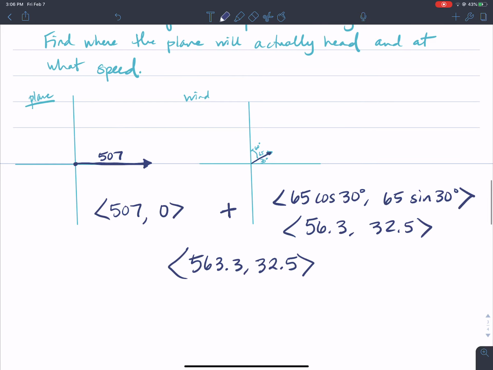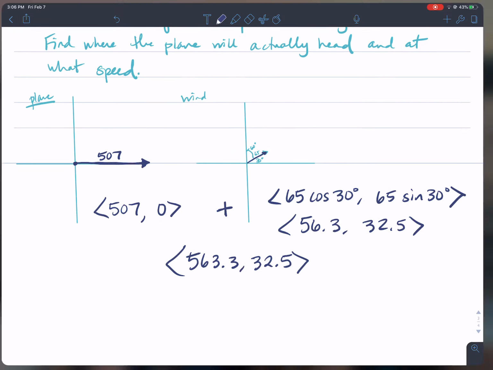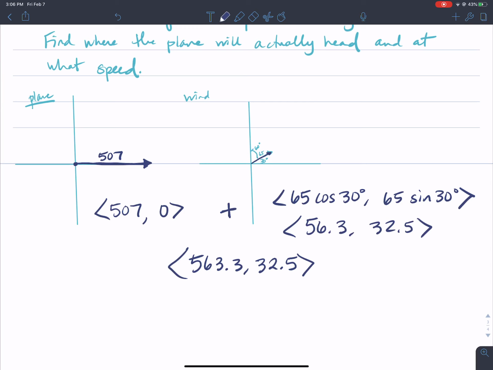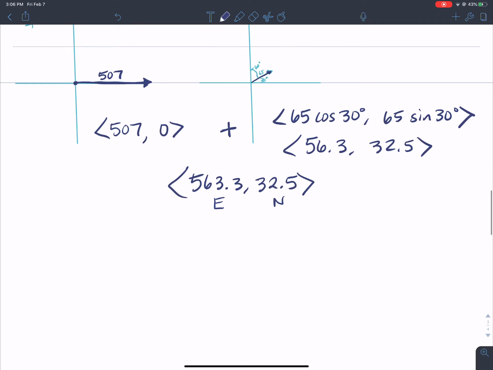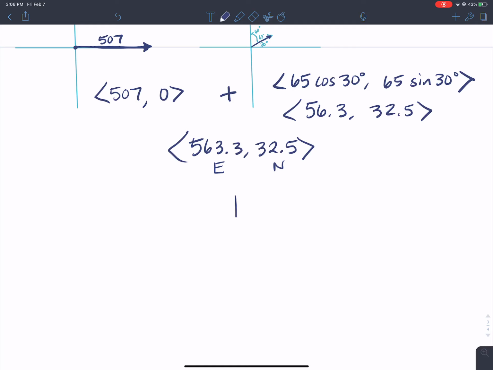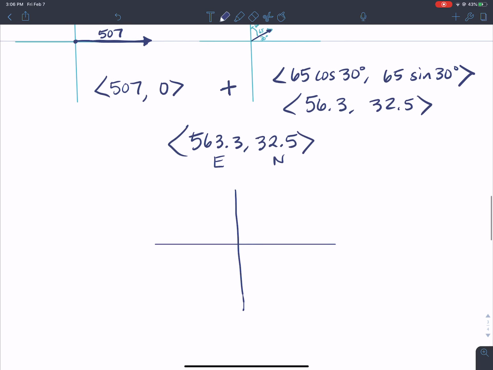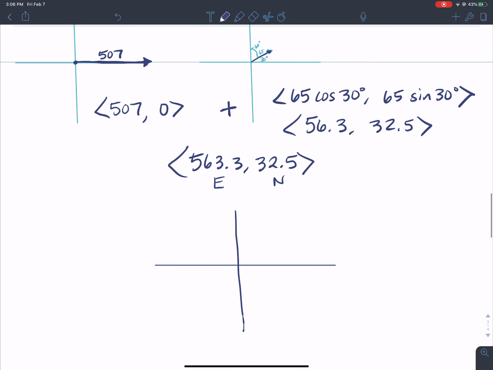So it's going 563.3 east and 32.5 north, basically. You could draw a whole new triangle with that, the same 563.3 east and 32.5 north.